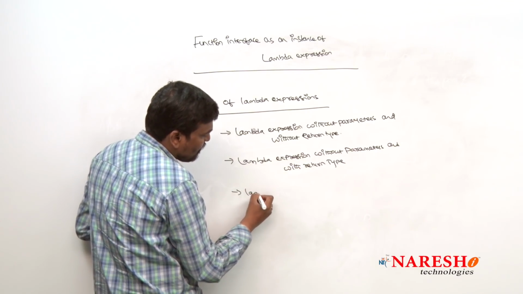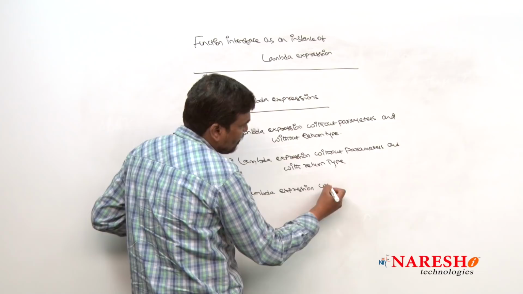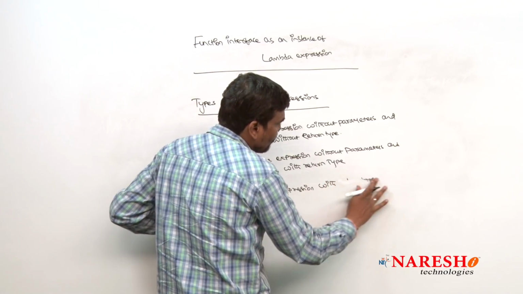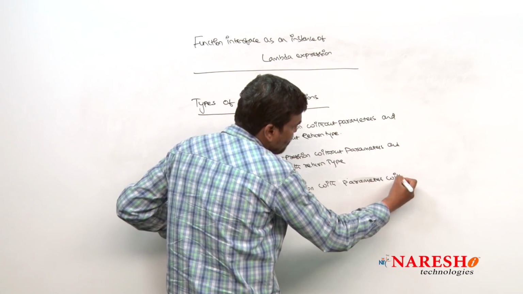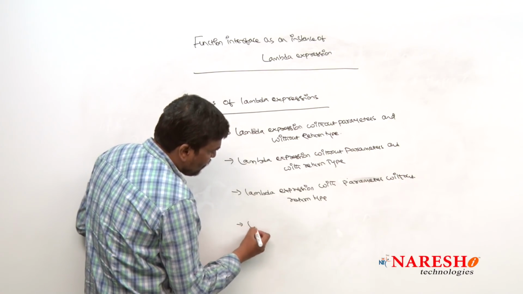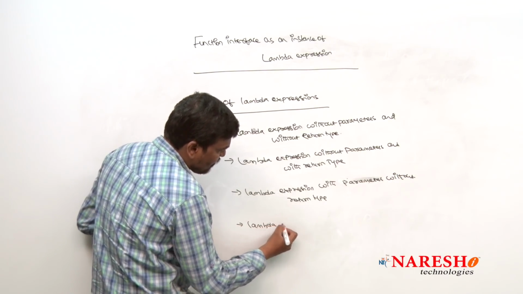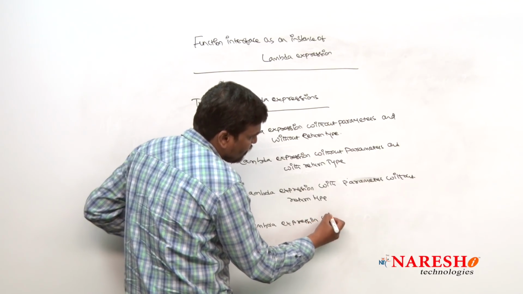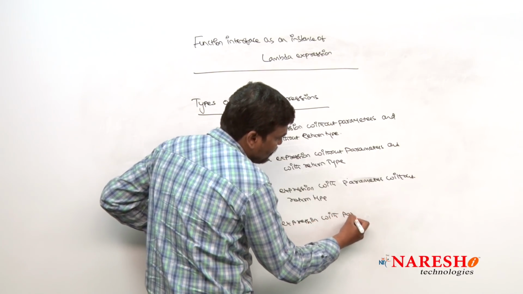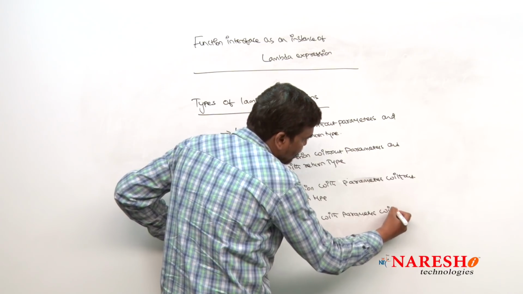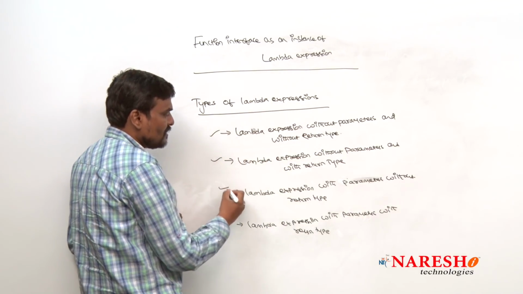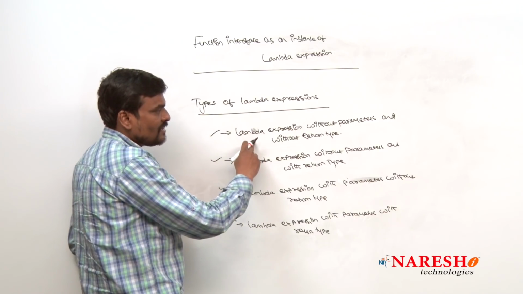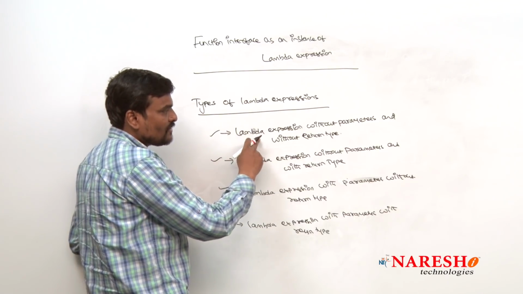So you can write the lambda expression with return type, or you can say with parameters and without return type, and you can write the lambda expression with parameters and with return type. So these are different ways of writing a lambda expression. I said lambda expression is an anonymous function.